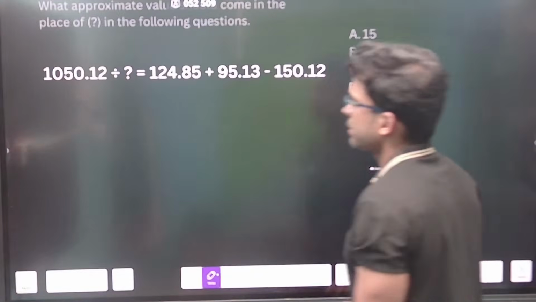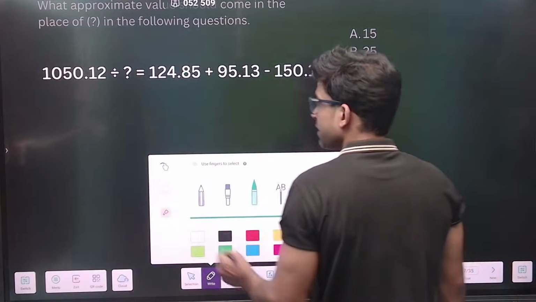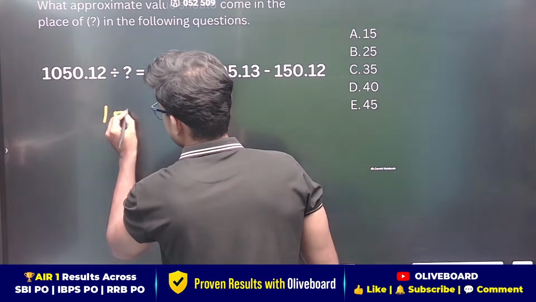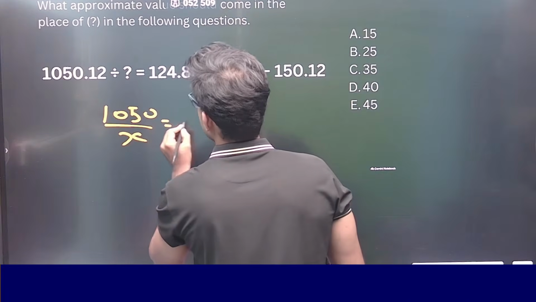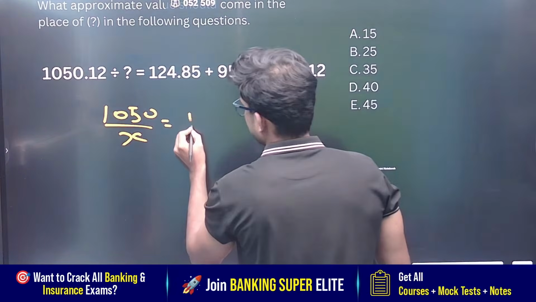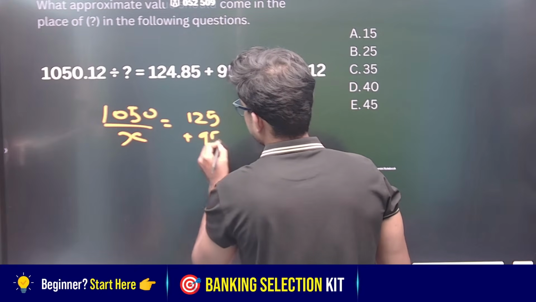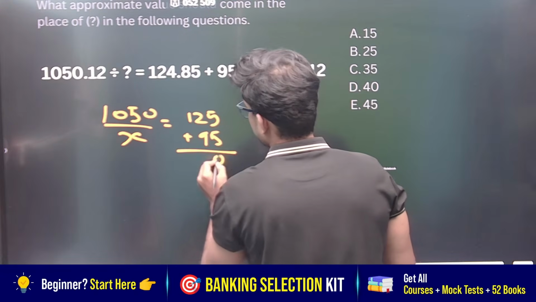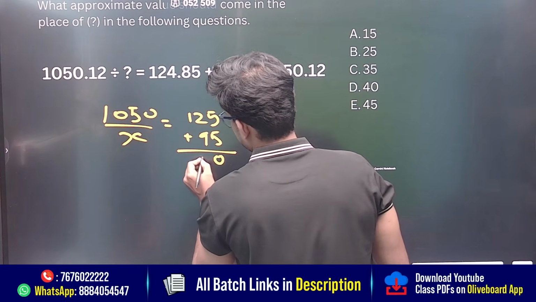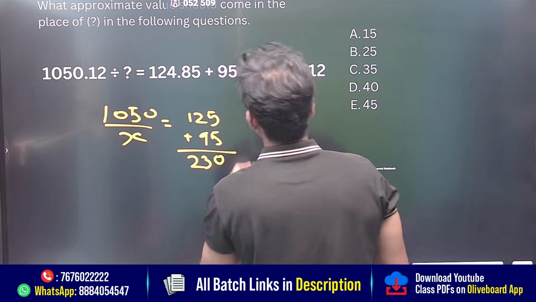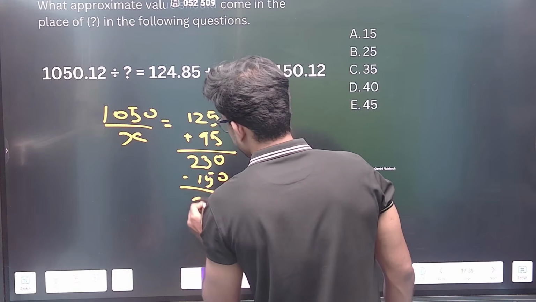I'm getting 15, okay? Just wait. Let's see. Can I write this down as 1050 divided by x is equal to 125 plus 95, correct? Which is 9, and 3, which is again 230. 230 minus 150 is nothing but 70, correct?